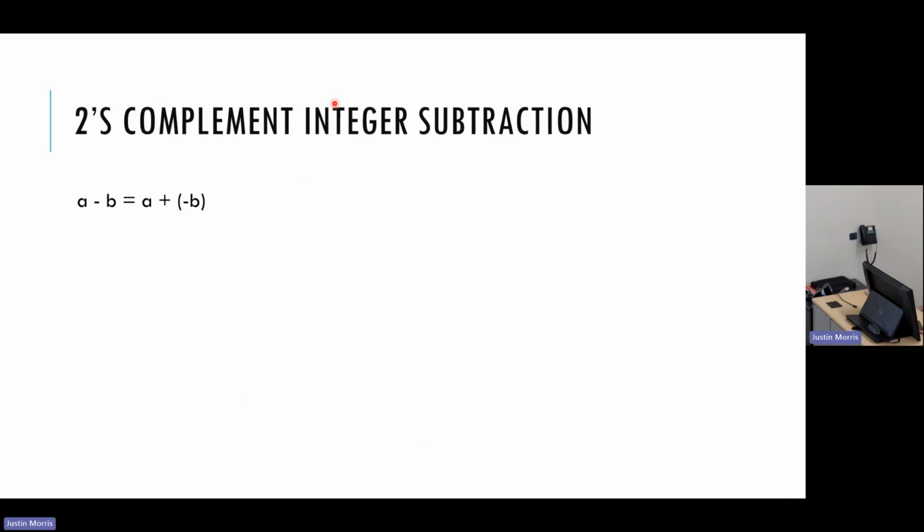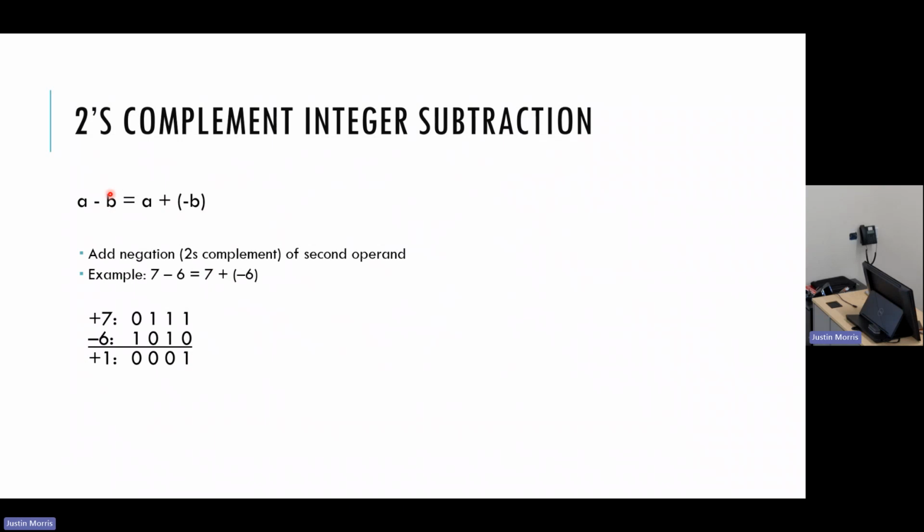All right, so 2's complement integer subtraction. The way that we were going to implement subtraction, and this is true in hardware, is rather than creating new hardware to do subtraction, we're going to use the same adder hardware that we create and just negate the operand in order to do a plus negative b, which is equal to a minus b.